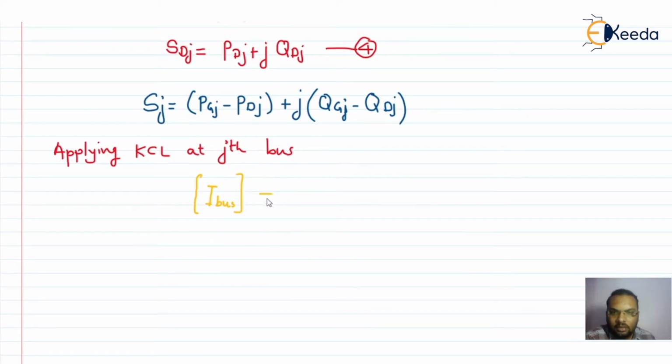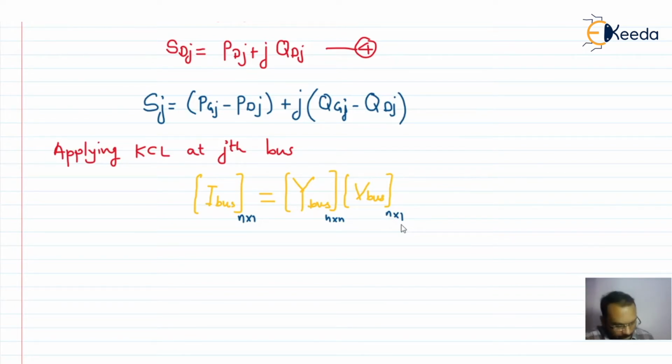I bus is equal to admittance bus into voltage bus. Particularly, the orders of these are n by 1, n by n, and again n by 1 only.